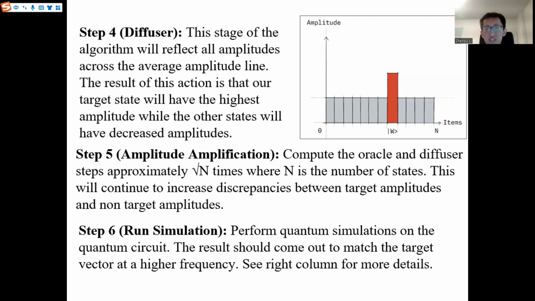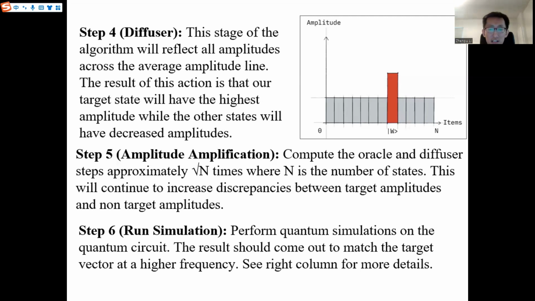We can just compute the oracle and diffuser steps, repeated square root of n times, where n is the number of states. So in this step, the probability of finding the target state will increase to a very high level, so we can easily find the target state among the other states.